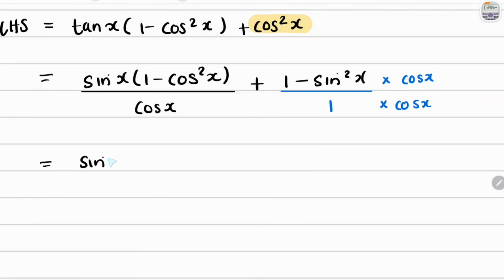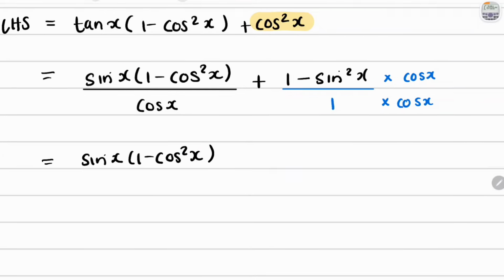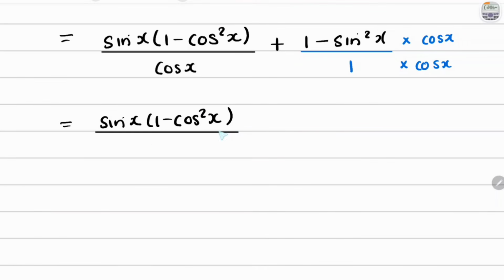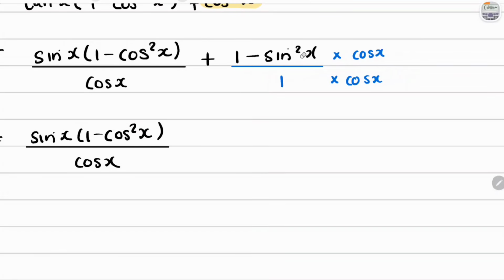This is sine x times 1 minus cos squared x, and then over cos x. And then here, you see that we have 2 terms and we have 1 term. When you have 2 terms and 1 term, you can actually rewrite it like this. So I'll put the cos x first. And I'm saying it's been multiplied by 1 minus sine squared x, and then all over cos x.